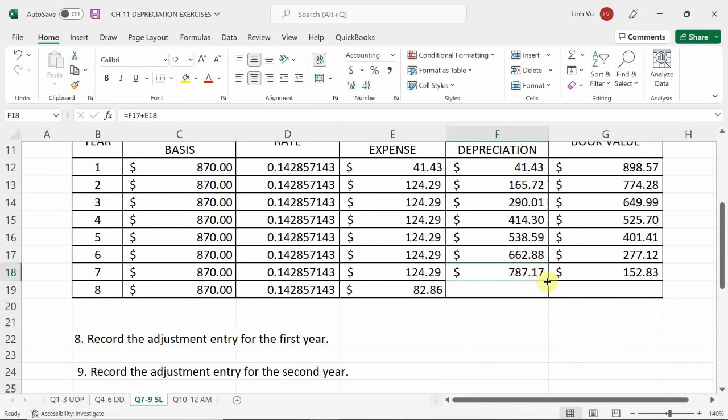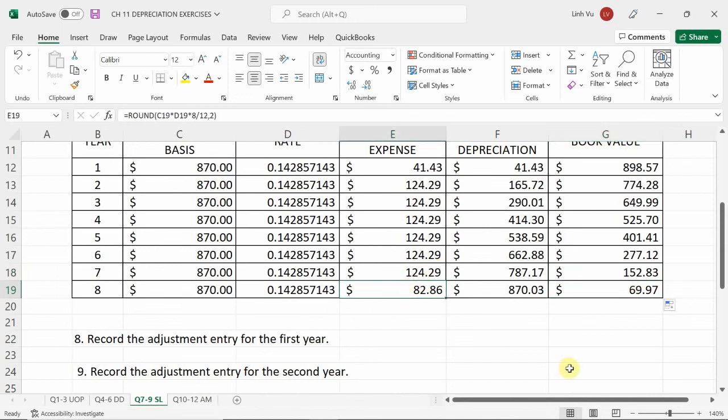And then that's going to give me accumulated depreciation of $870. So therefore, $69.97. Ooh, that is way off. That should be exact. This is supposed to be $70.